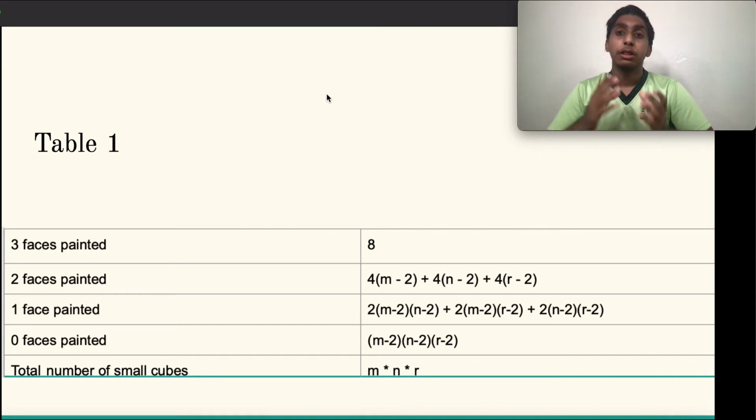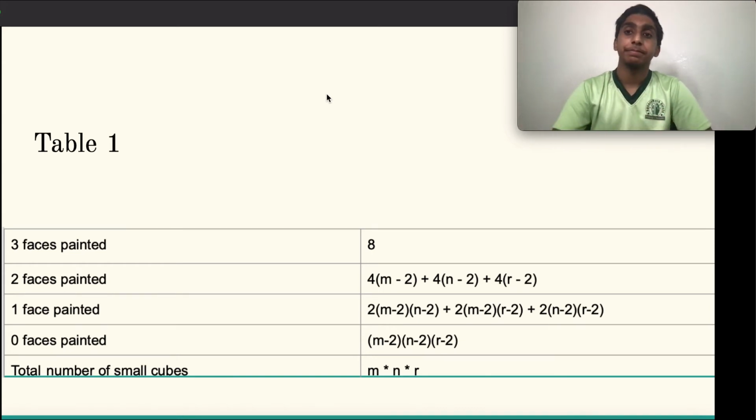That means that to find the number of total small cubes, all you have to do is multiply the dimensions you know. And here we have m times n times r, multiply them, and we get the number of small cubes. So again, it's just a set of formulas, but what's going to happen is on the Mathcounts exam, they'll give you a specific premise or a problem, and you need to figure out which table will correspond to that and which one will have the formulas you need.